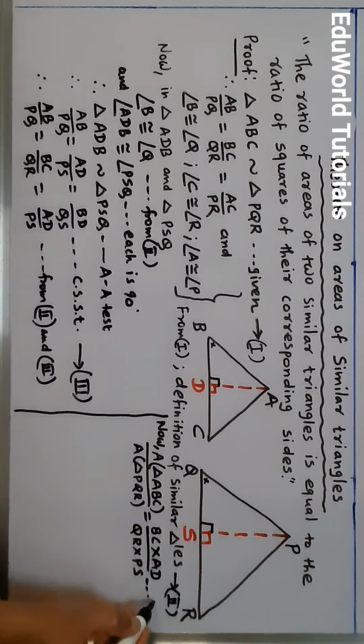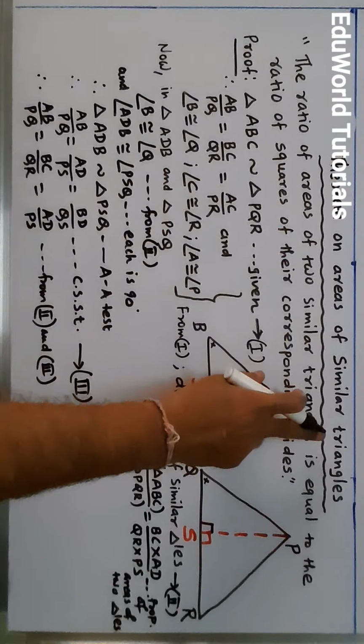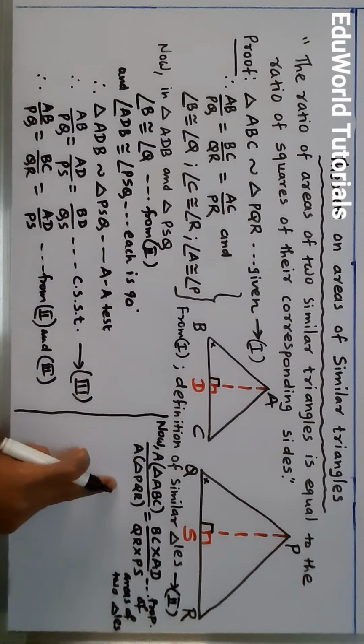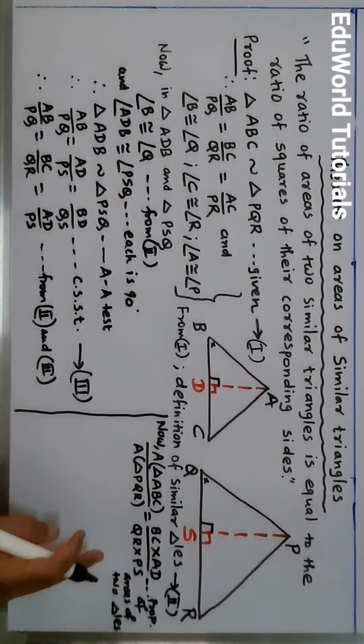This is the property of areas of two triangles. We are using this property in the theorem on areas of similar triangles, the first property that we studied in the chapter, here in the last exercise 1.4.